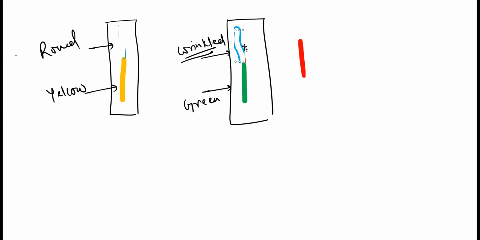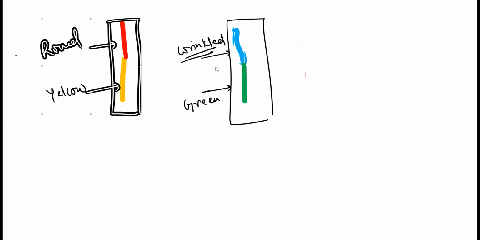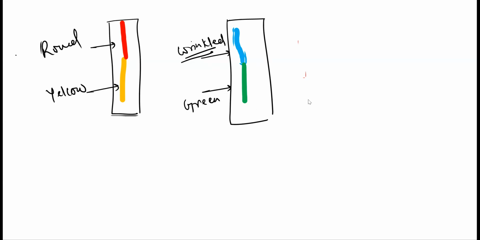So this gene can be placed over another gene, and similarly this gene can be placed over this one. So if they are separate genes, they can be placed over one another, and a new contrasting character is possible. It is only possible if we have two separate genes.